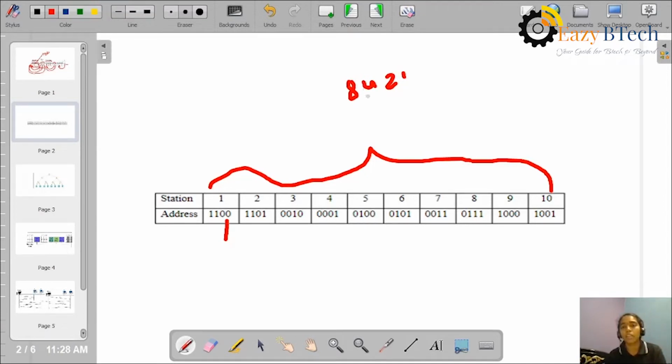Okay, so these are the 4 bits. So 1100 means 8 plus 4, that is 12. That means C: 10 is A, 11 is B, 12 is C. So this has the value 12.